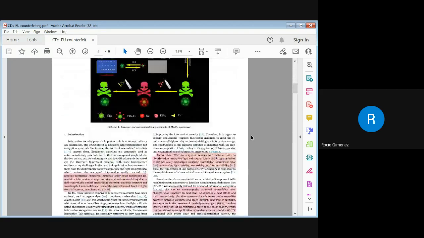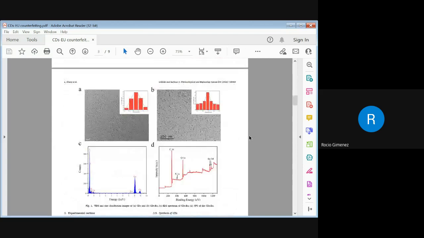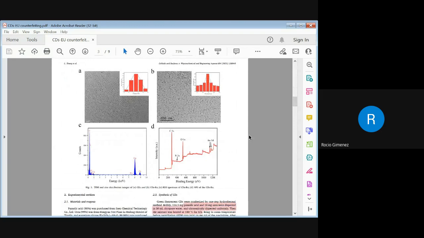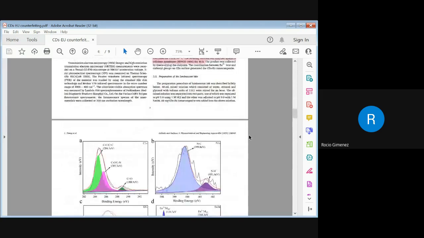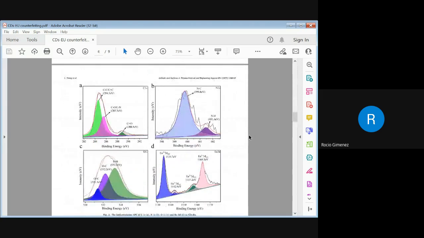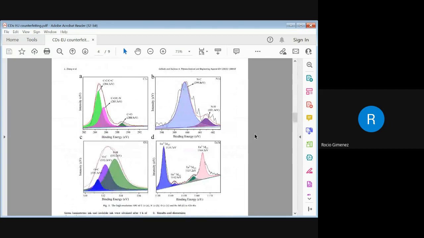The first thing they did was synthesize and characterize carbon dots with and without europium. One of the things they saw was that the average particle sizes were about 2 and around 4 nanometers, respectively.